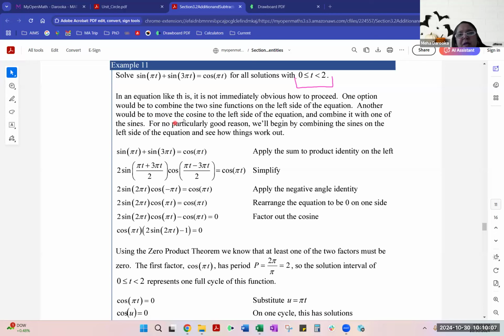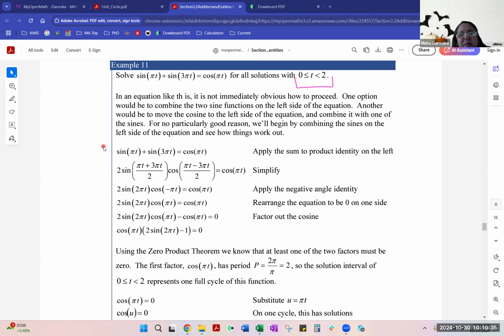The other option would be to move the cosine to the left side of the equation and then combine it with the sine function. So basically take that cosine and move it to the left-hand side, kind of would be the more straightforward approach to go to. Should we just start on the left-hand side, move the cosine function to the left-hand side and go from there? So it will just be a trial and error. You try one way. If it does not work, then you go and try it the other way.